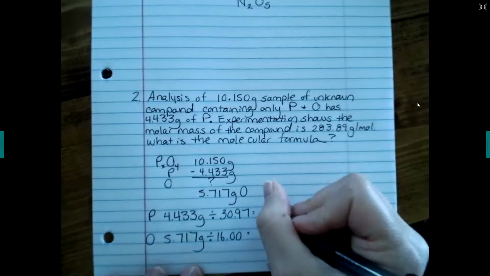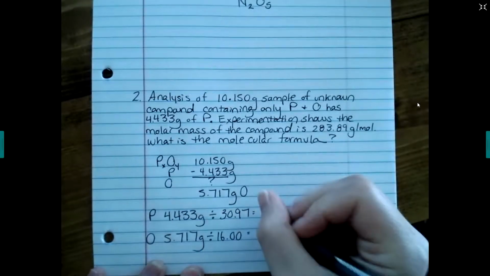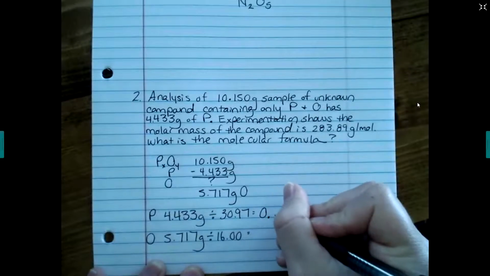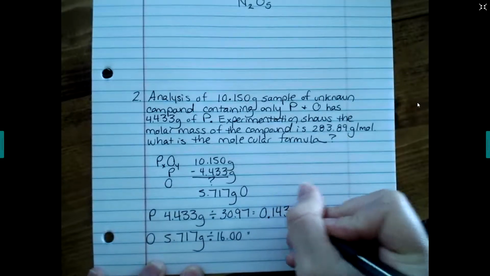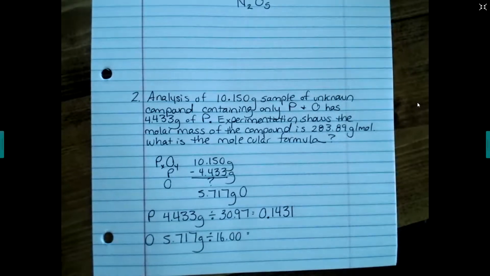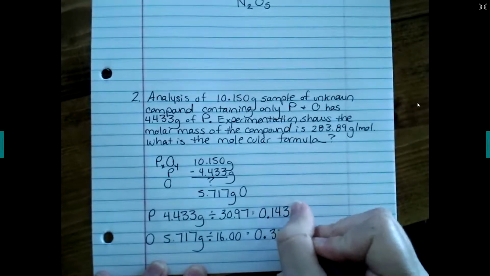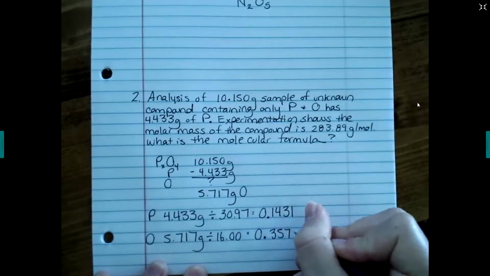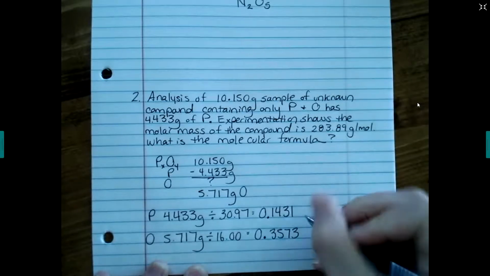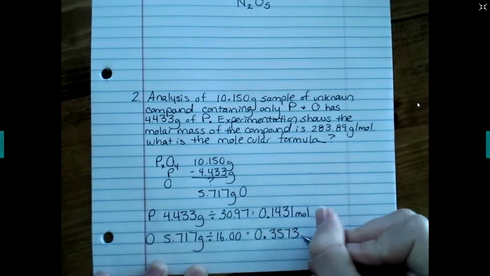So for phosphorus, I get, and I'm going to round this to 4 significant figures, 0.1431. For oxygen, I get 0.3573. Remember, this is moles.